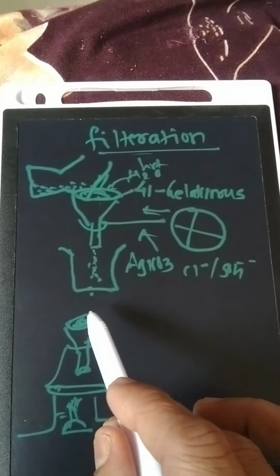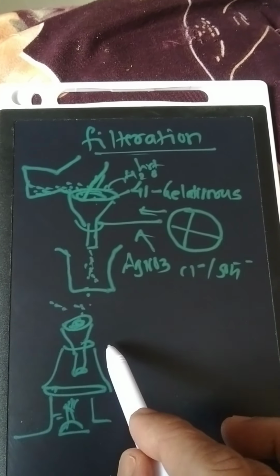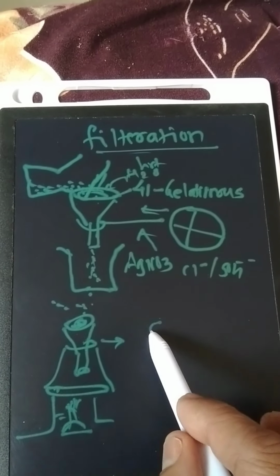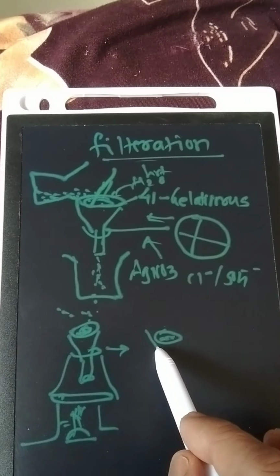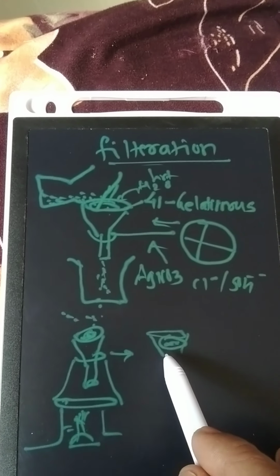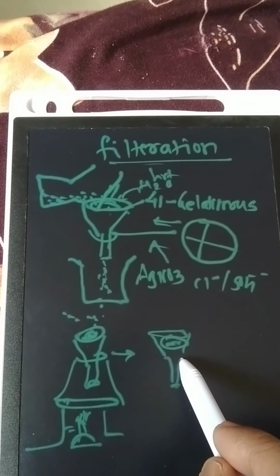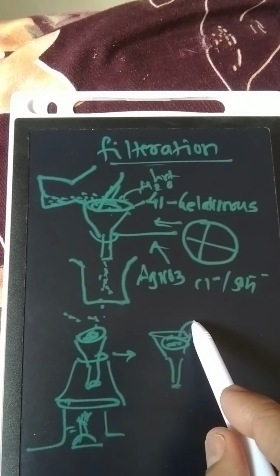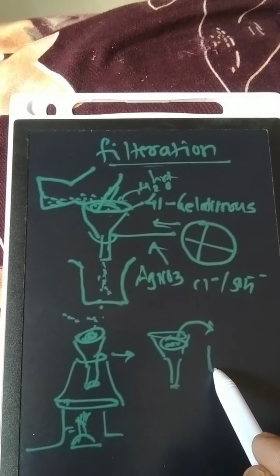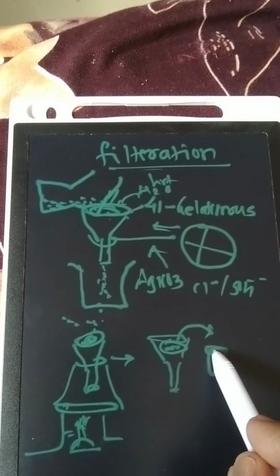The moisture is removed, and the paper containing residue on the funnel is separated from the moisture, and the paper is removed by folding with the residue.